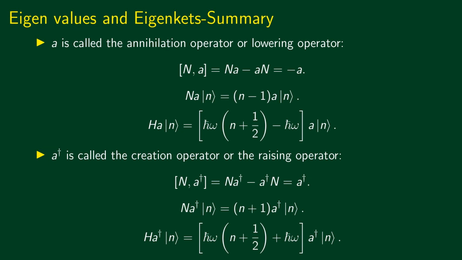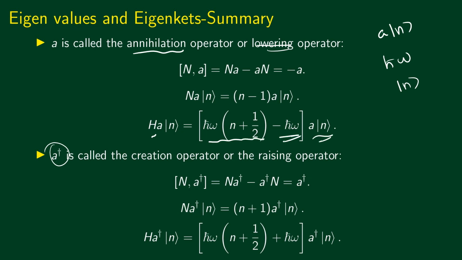We discussed the physical significance of operators a and a dagger. a is called the annihilation operator or the lowering operator, and this name is justified because a acting on ket n is an energy eigenstate with energy h bar omega less than the state ket n. H acting on a ket n is equal to h bar omega times n plus half minus h bar omega, multiplying a ket n.